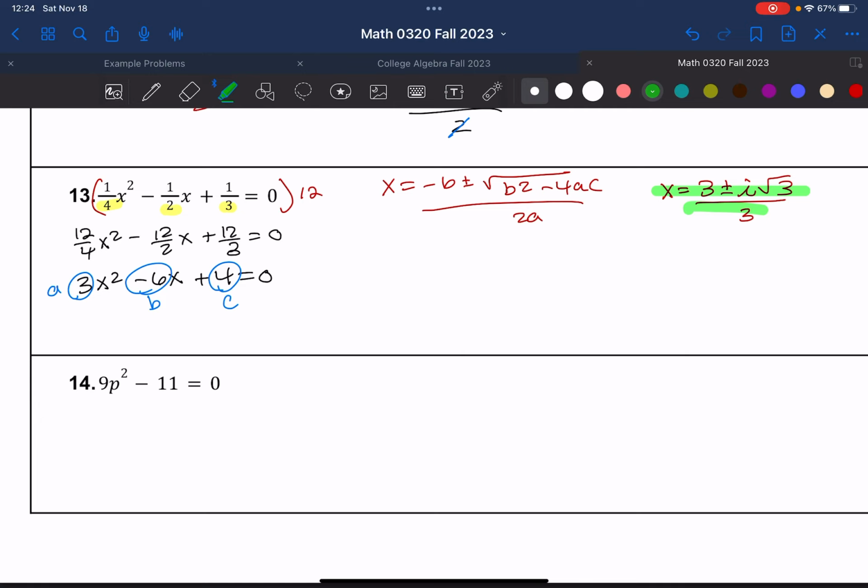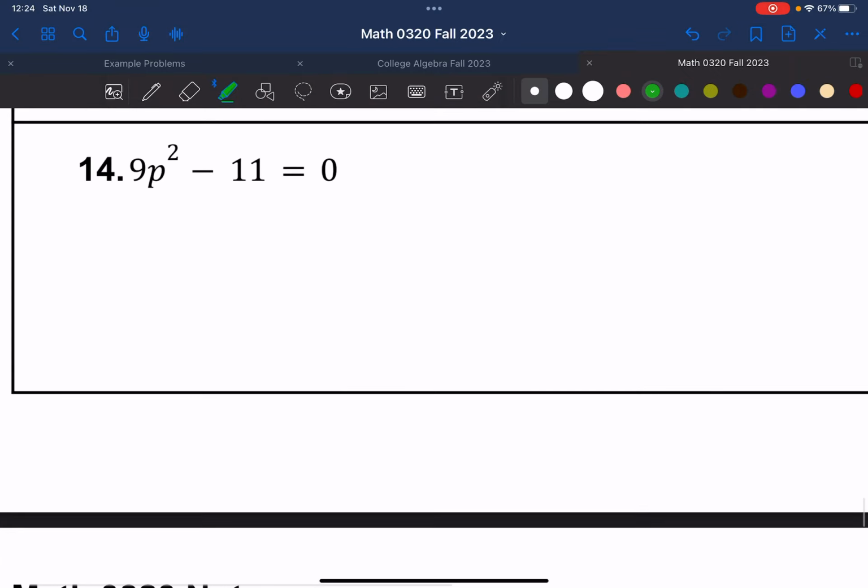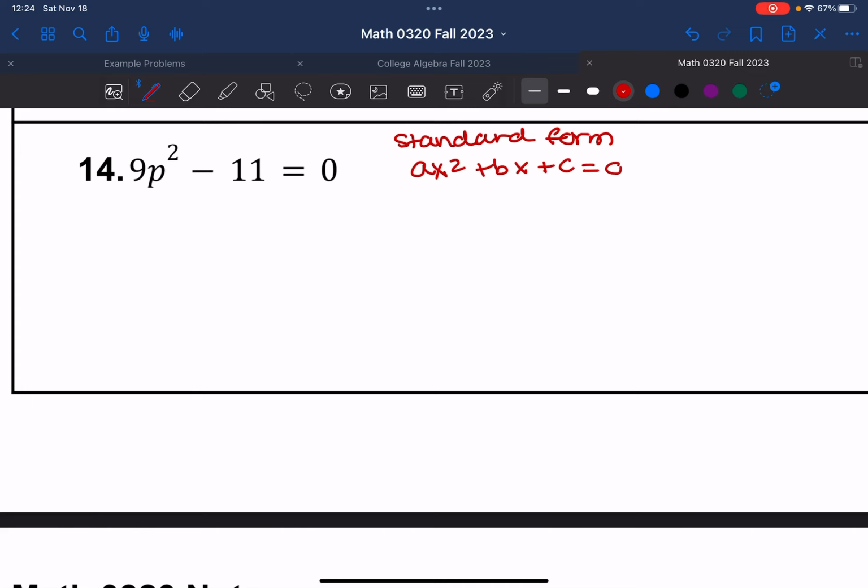And then last one, number 14. Remember we have to have it in standard form, and that standard form is the ax squared plus bx plus c equals 0. From here, it looks like we're missing a b value. So since we're missing that b value, we could assume that b is 0.